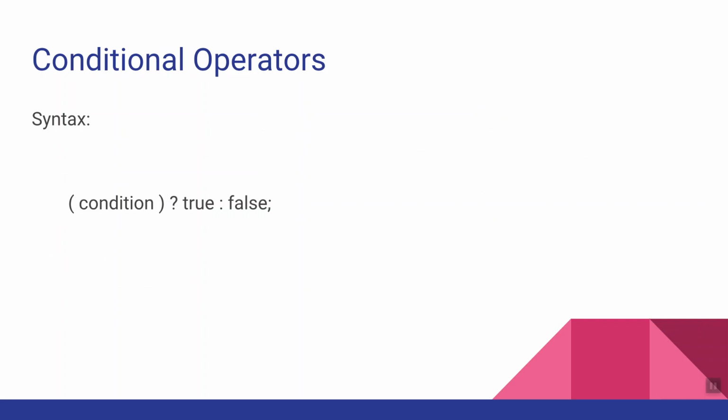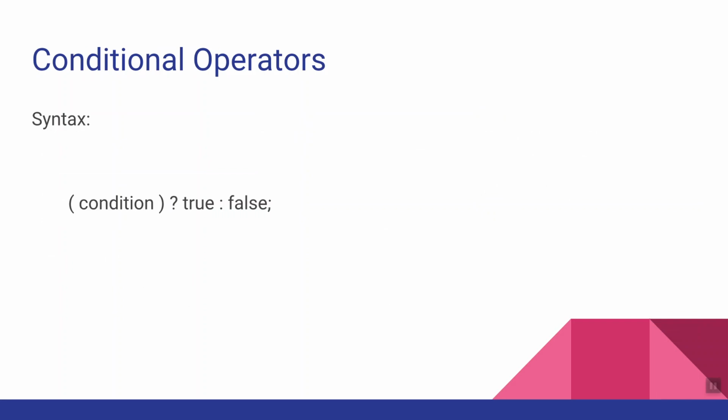To evaluate this in a simple expression, we have the conditional operator in JavaScript, where you specify the condition within parentheses. The JavaScript compiler evaluates this expression, and if the expression returns the value true, then whatever JavaScript logic you write after the question mark gets executed.